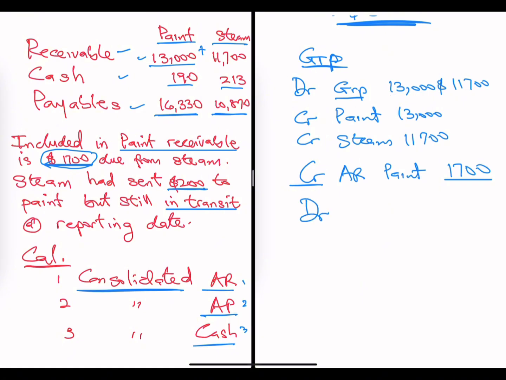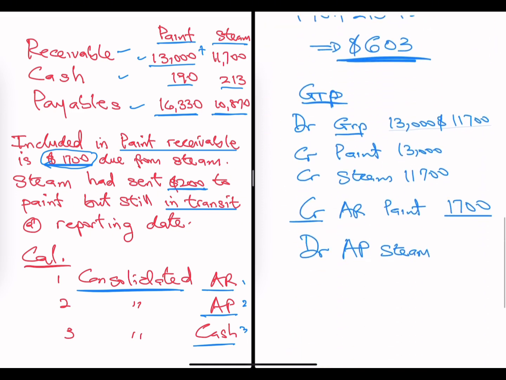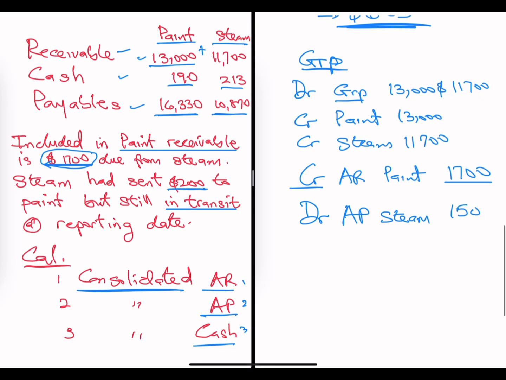Then where do we debit? Naturally, we should be debiting the account payable of the subsidiary that we're eliminating against. So we debit AP of Steam. However, not 1,700, because Steam does not have 1,700 in his account. He is going to have just 1,500 because he believed that he had sent the 200 here. Then the remaining 200 is the cash in transit, which will now be added to Paint, remember, to destination.